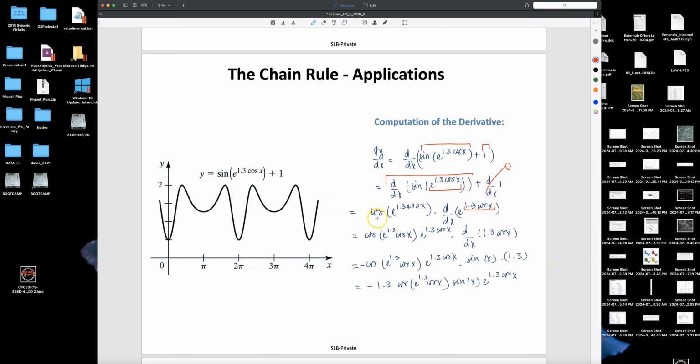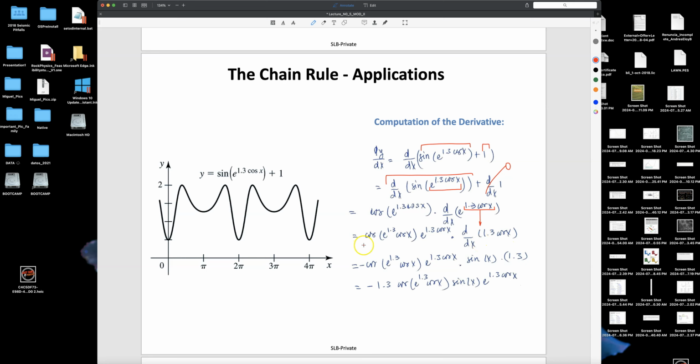So, this is coming from this first part, we keep this one, then the derivative of the exponential function is itself, the exponential function evaluated in the inner function, which is 1.3 cosine of x, times the derivative of the inner function. What is the inner function? Is this one here. So it is the derivative of the inner function.